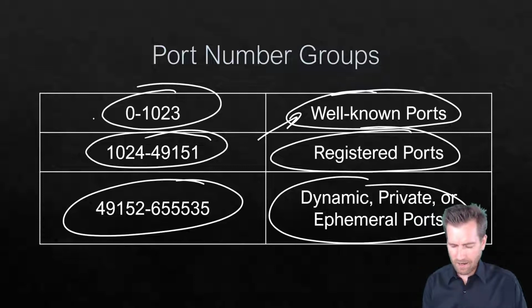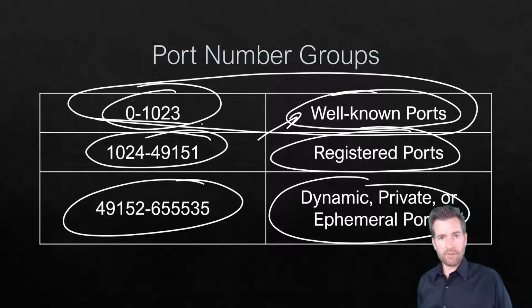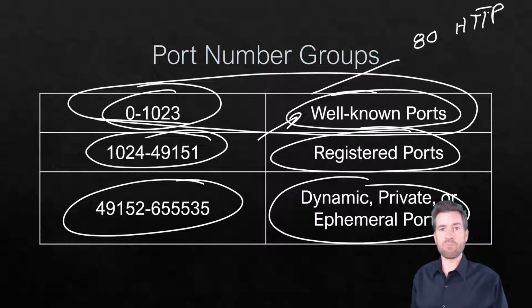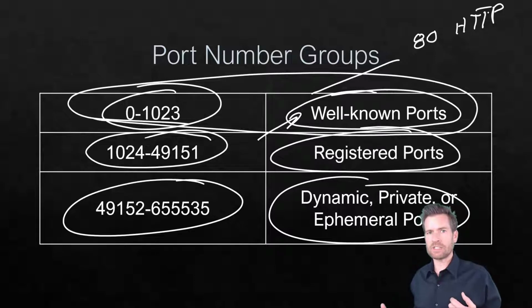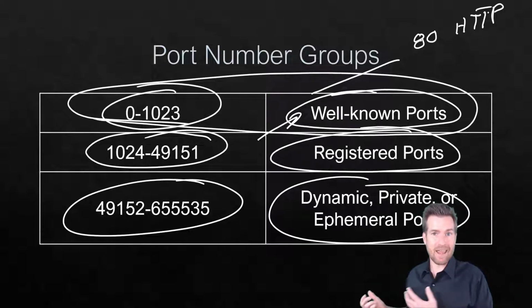So what would be some examples of this? These are really well-known, often used ports that are associated with each other. An example of this is port 80, which is associated with HTTP. If port 80 is open on the machine, then that's most likely HTTP, and you wouldn't really want to associate another service with it. You wouldn't want to associate something like SSH with port 80.